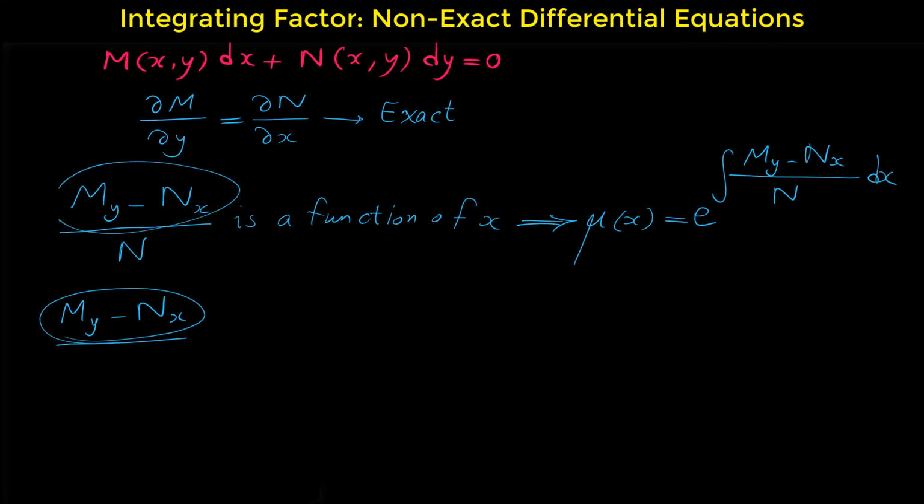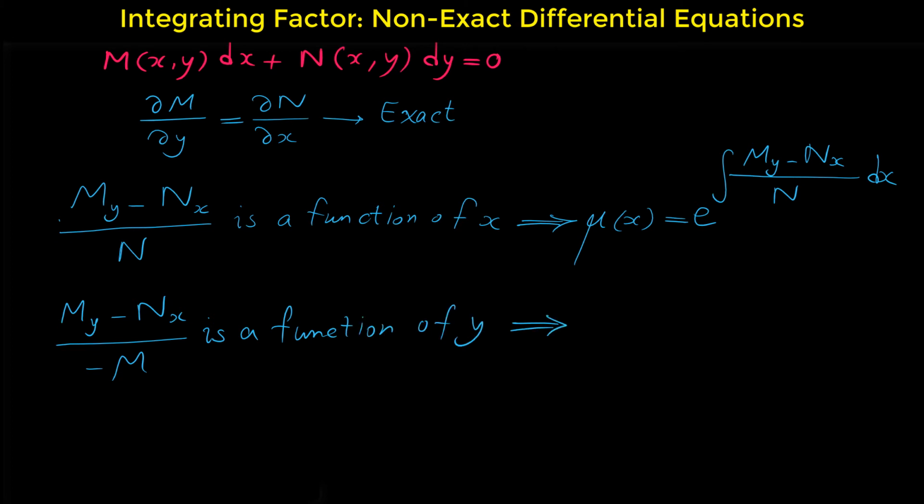If we divide the same thing by negative M, note that negative M is the coefficient of dx, the function that is multiplied by dx, and we can get a function of y, then the integrating factor is e to the power of the integral of M sub y minus N sub x over negative M dy.